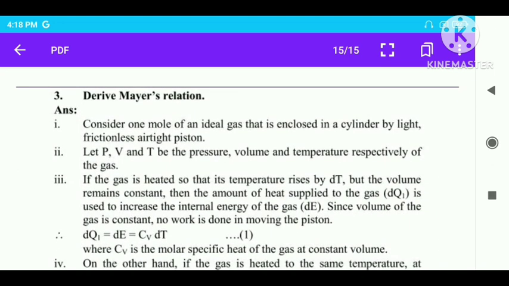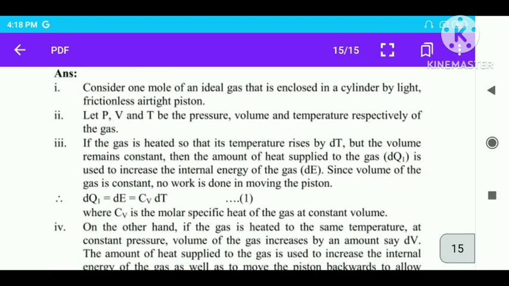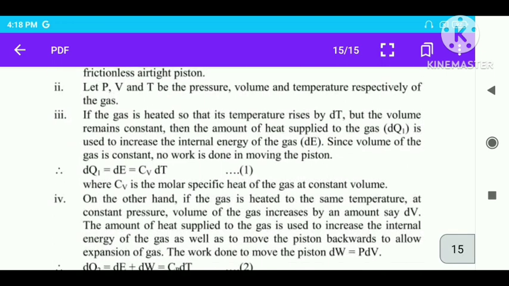Question number three: derive Mayer's relation. Consider one mole of an ideal gas enclosed in a cylinder by a light, frictionless, airtight piston. Second, let P, V and T be the pressure, volume and temperature respectively of the gas.